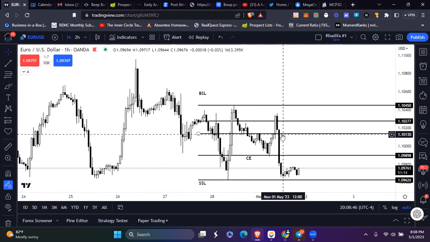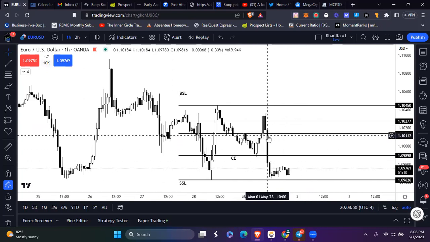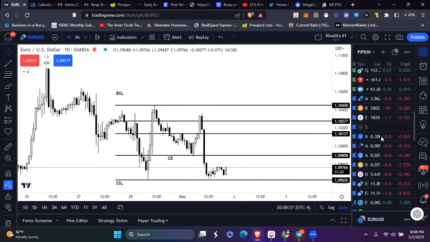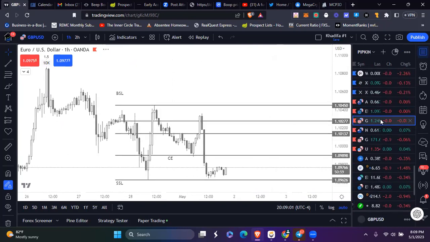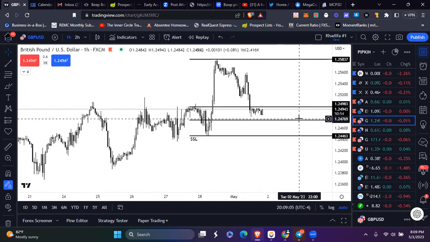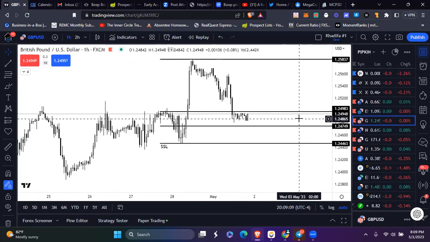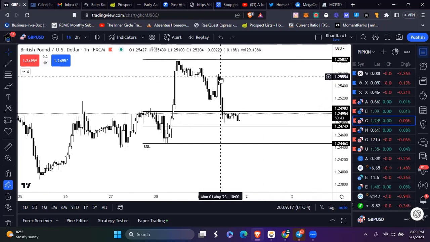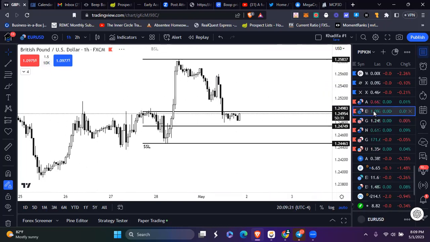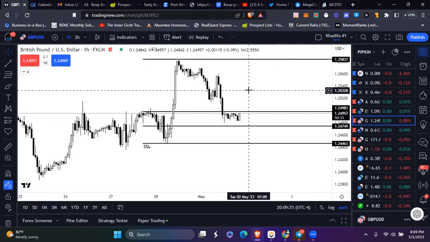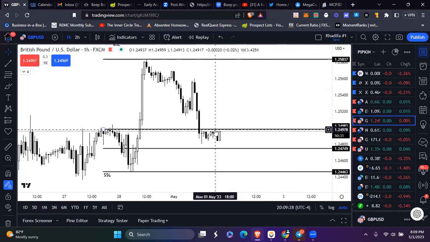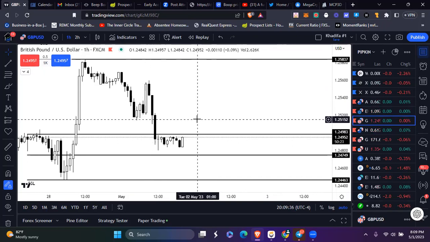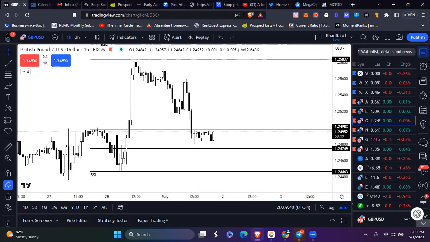So I'll be paying attention to that throughout the rest of Asian and going into London, looking for a New York setup. GBP USD. See if we pull up into this.